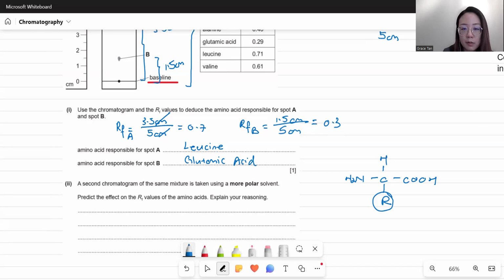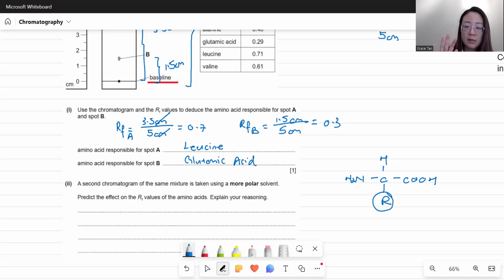Now, the amino acid backbone is polar, because when you open up the structure, your nitrogen here is trigonal pyramidal, and on the right-hand side you have a trigonal planar COOH. The backbone itself is already polar. So when you use a more polar solvent to carry up the same mixture, how would the RF values of amino acids A and B change?